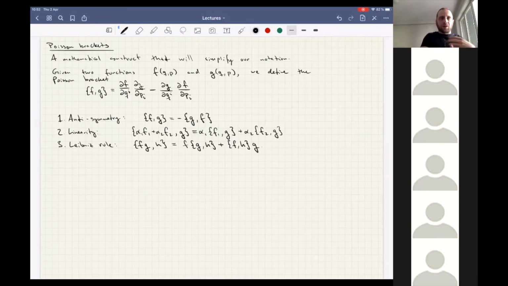So this again follows directly from the corresponding rule for each derivative. And since it's true for the first argument and we have the anti-symmetry property, it's going to be true also for the second argument.